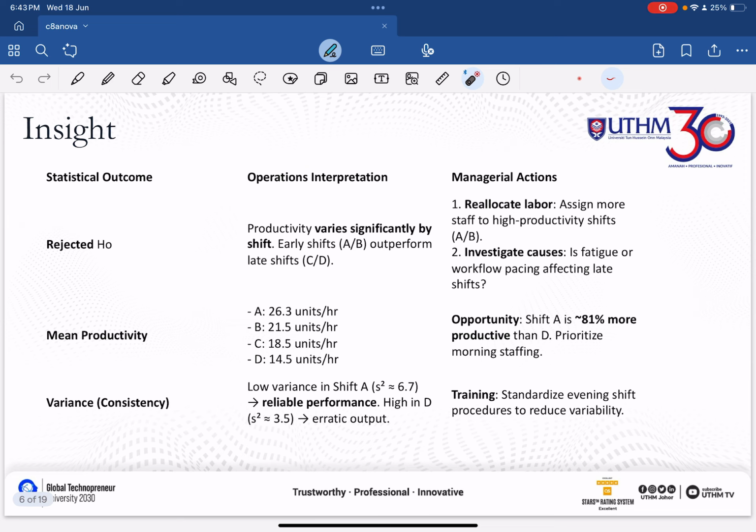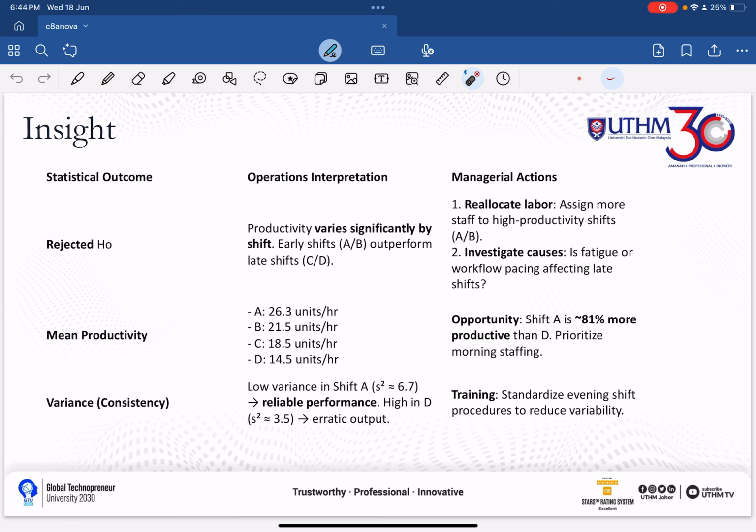So what are the insights? The insight for this chapter, for example, we have the statistical outcome, which is whether we want to reject H naught or not. Here, for example, under operational interpretation, we want to see about the productivity, whether it varied or not.